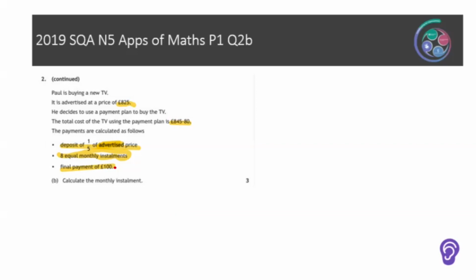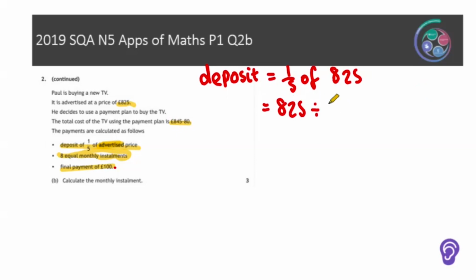The reason I wanted to draw attention to this question in particular is to do with the deposit. So I want a deposit of 1/5 of the advertised price, not the payment plan price, but the advertised price. So my deposit is going to be 1/5 of £825, which I'll find by doing 825 divided by 5 times by 1.